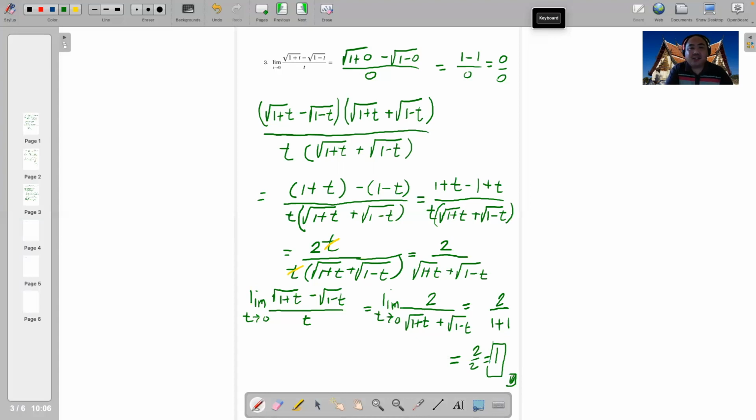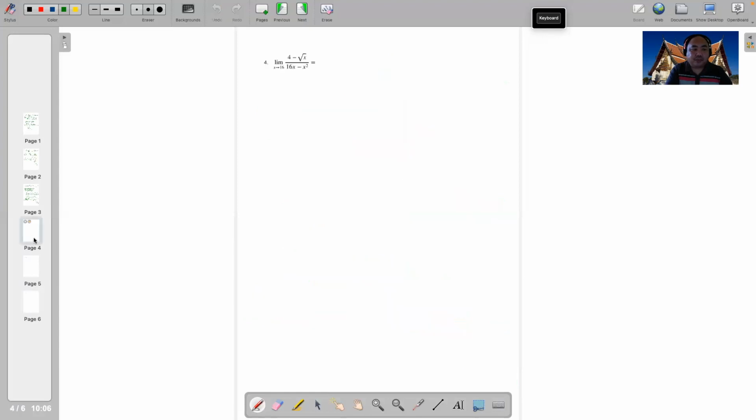All right, so we proceed to number 4. We have the limit of 4 minus square root of x divided by 16x minus x squared. Sir, how do we go over this? Okay, well, first we do substitution.